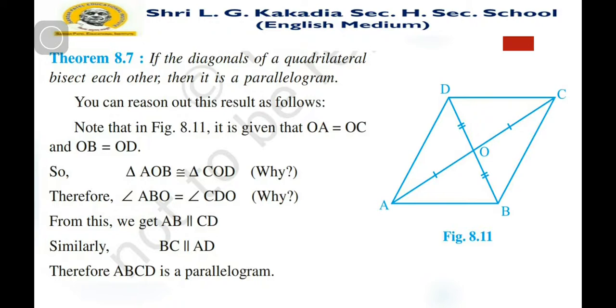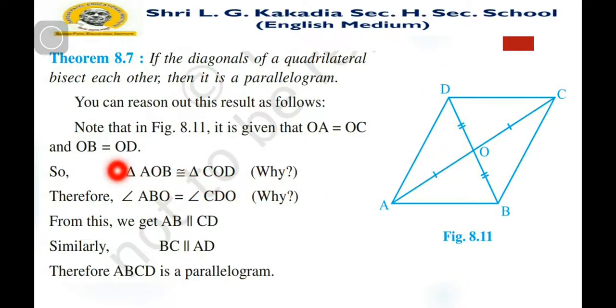Theorem number 8.7: if the diagonals of a quadrilateral bisect each other, then it is a parallelogram. It is the converse of theorem number 8.6. You can reason out this result as follows. Note that in the figure it is given that the diagonals of the quadrilateral bisect each other, that means OA equals OC and OB equals OD.